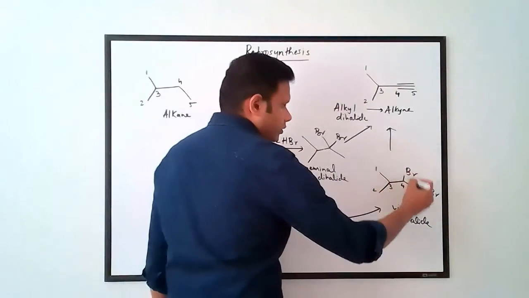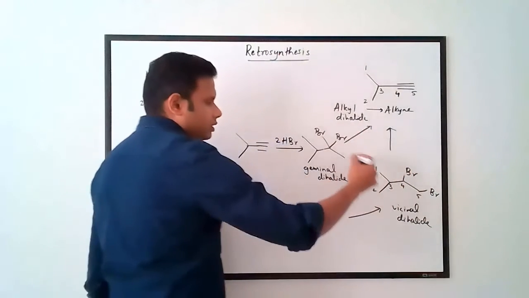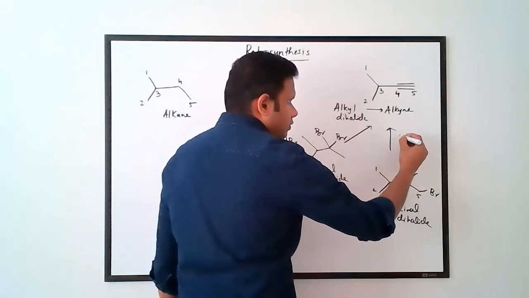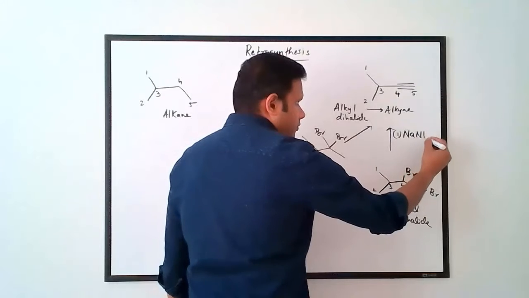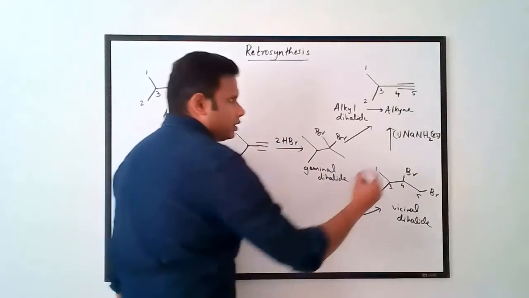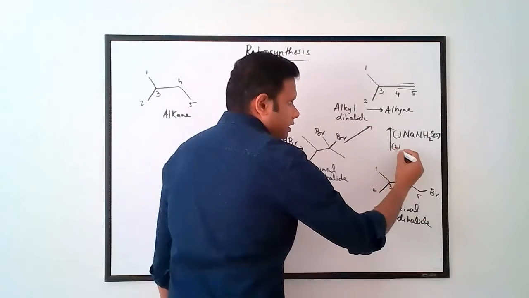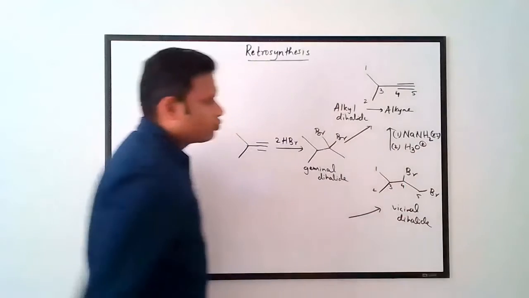Okay, so let me write down the conditions here. For doing this elimination, either way, it doesn't matter which way we do it, we will do 1, sodium amide in excess, and then 2, you're going to quench this reaction with water.